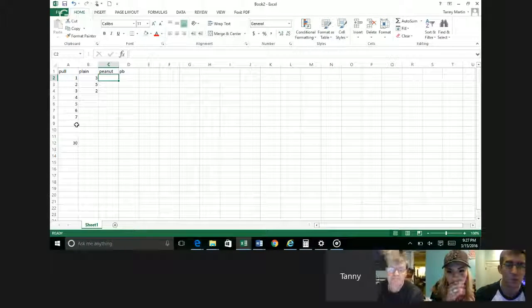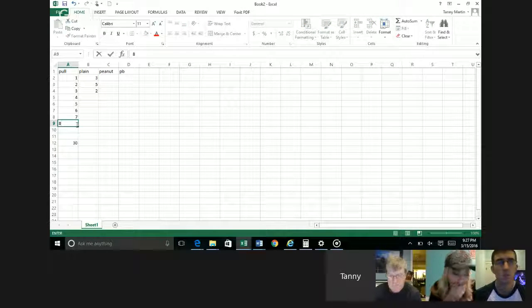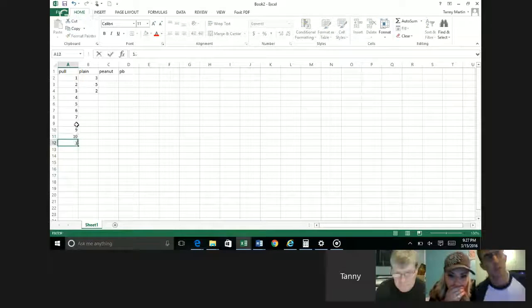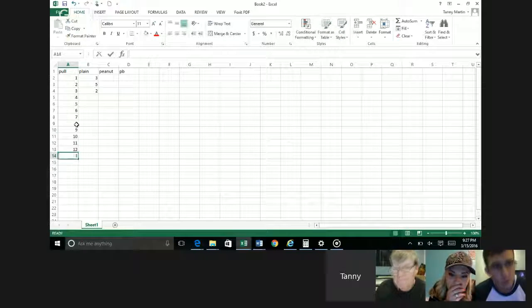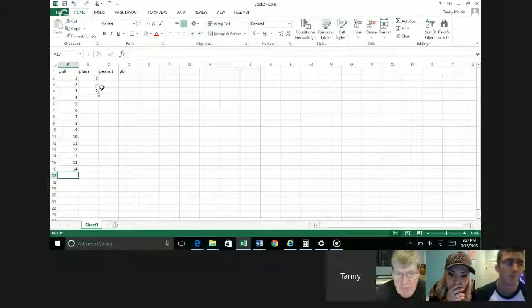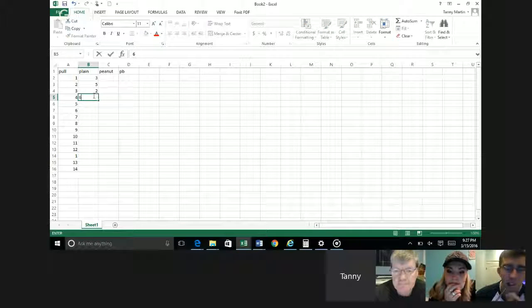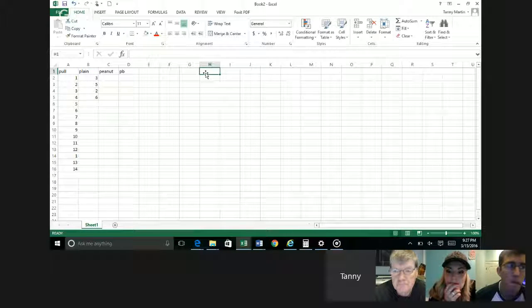So can you guys still see my screen? Yeah. Okay, so if we do it this way, when we do it one time, the data's going to look like this, right? 13, 14. And then we're going to have the color over here, represented by a number. If we do it the way Rusty's suggesting, I think the data would look like this.